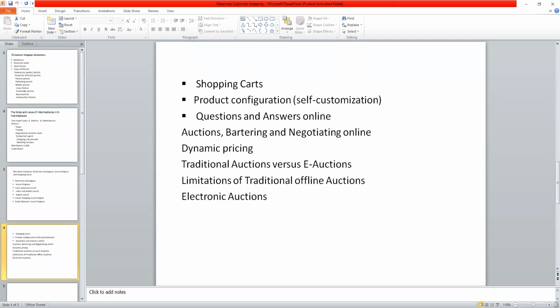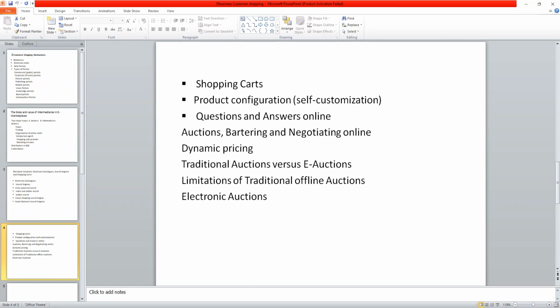Now in product configuration, a key characteristic of e-commerce is the ability to self customize products and services. Like we have Dell.com or Nike.com, where manufacturers like to produce customized products in economical and rapid ways so that the price of their products will be competitive.